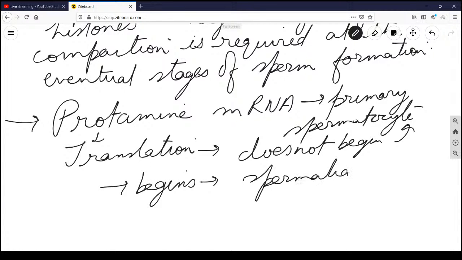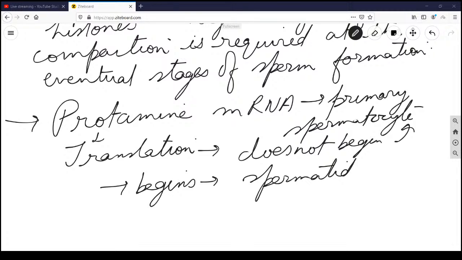Now from spermatid to spermatozoa, when it matures and differentiates, compaction will be more and more and histones will be replaced. In the meantime, the protamine mRNAs are complexed with proteins and are inaccessible to the translational machinery, so they cannot bind to the ribosome, IF1, IF2, IF3 cannot come in, and they cannot initiate translation.